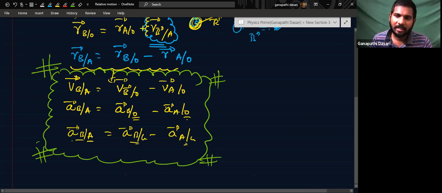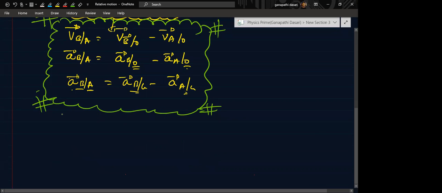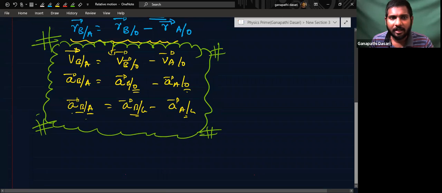Okay. Shall we go ahead? Now, in these three equations also, many other times we want to find out acceleration of one with respect to the other. Sorry, these are not three. This is also there.